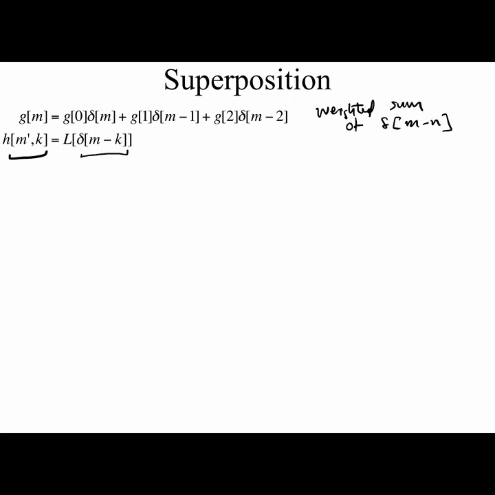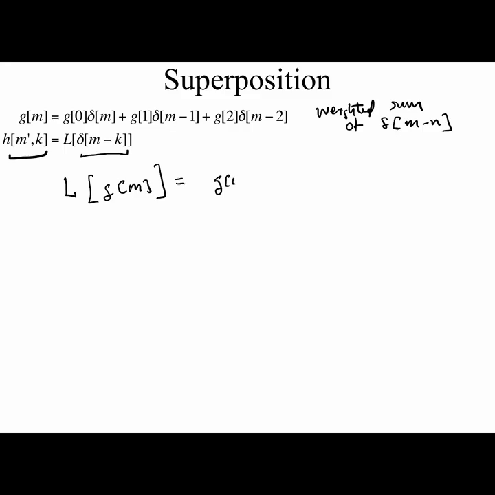So what we want to do is figure out, what is the response of my linear operator to my input, g of m? Now we're assuming that L is linear, so it satisfies addition and scaling properties. With those two assumptions alone, we can get a long way. The first thing we can do is take the L inside the multiplication.